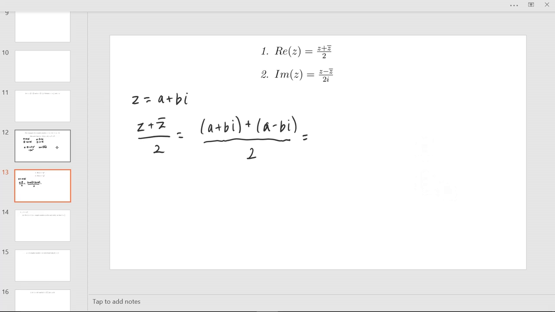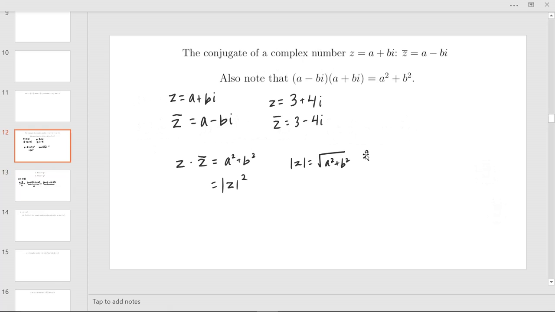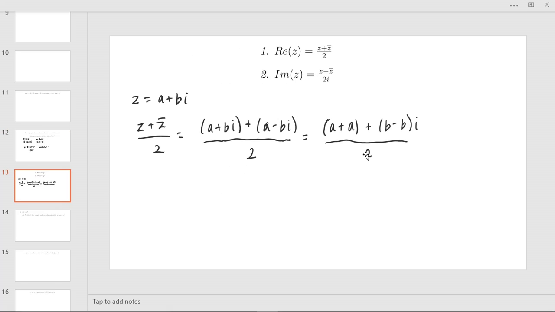Now to add these two complex numbers, we add their real parts and their imaginary parts. The real part is a plus a, the imaginary part is b minus b. This is simply 2a, and this is 0. So we have 2a over 2, which is a. This is equal to the real part of z, by the definition of a.